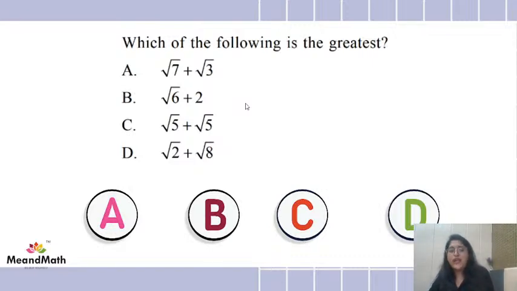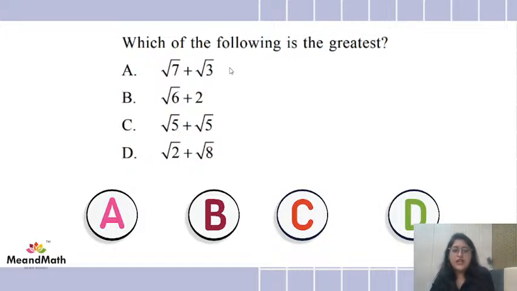Which of the following is the greatest? Now we want to find out which of these four options is the greatest. Can you find this? Okay. So how can we see which is the greatest among these?